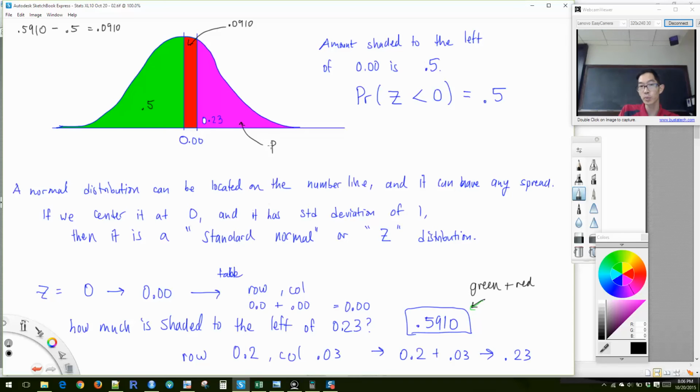So the purple area has to be 1 minus 0.5910, and so the purple is going to be 0.409. You can punch this in your calculator: 1 minus 0.5910 is 0.409.